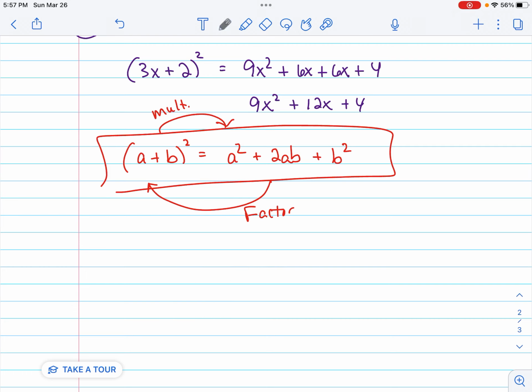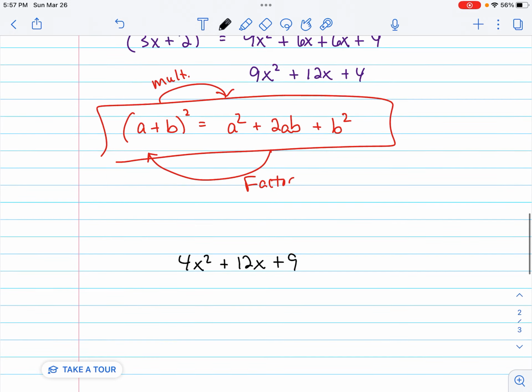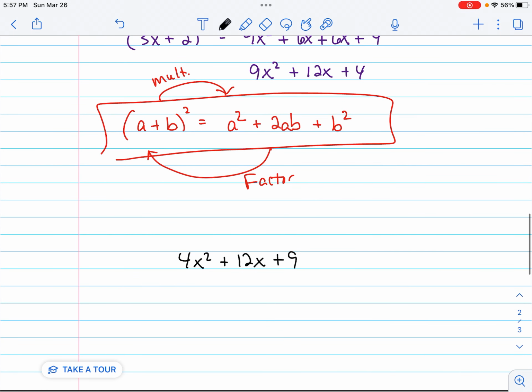I'm not going to delete and change my whole video. Let's say we have 4x squared plus 12x plus 9. It's very similar to the example I used before, except this is 2x plus 3 squared, because the square root of 4x squared is 2x, the square root of 9 is 3, and then 2 times 3 is 6, so you'd have a 6x plus another 6x. That would give you your 12x.